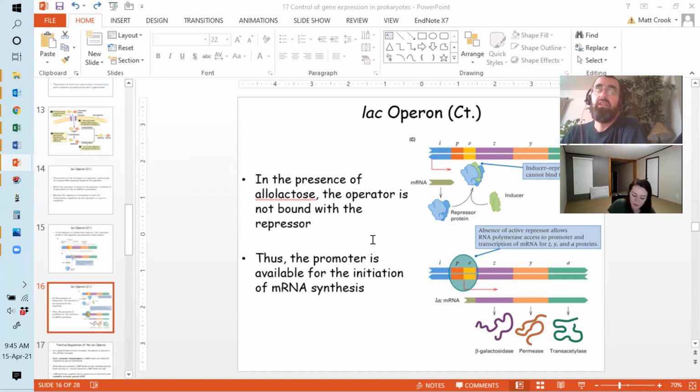And so really what you want to know is what causes those proteins to change shape and what's the consequence of that shape change and that binding. LAC-I alone has the conformation where it can recognize the LAC operator and bind to it when there is no lactose present.